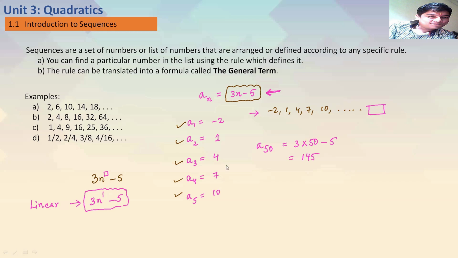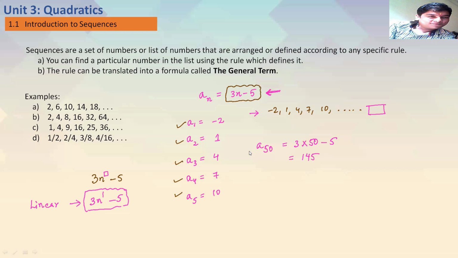Now, there are two kinds of sequences that we are going to discuss. Linear sequence, which is also known as arithmetic progression. Have you heard of this? Arithmetic sequence?